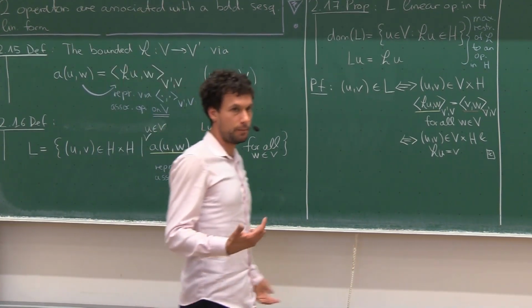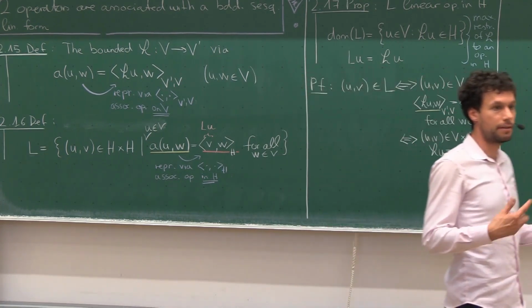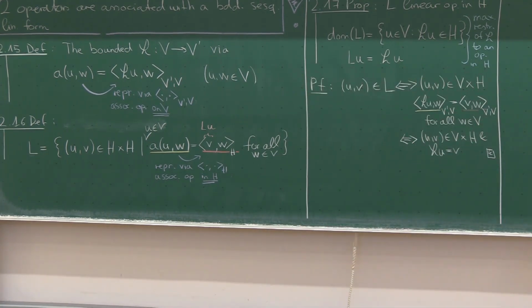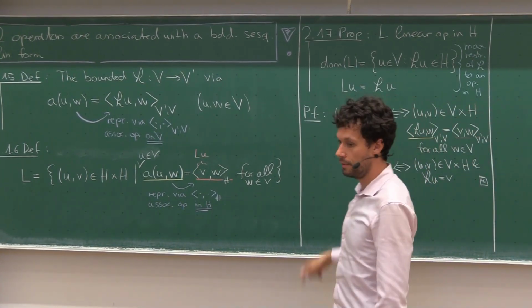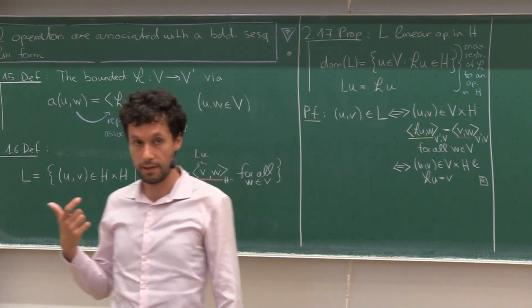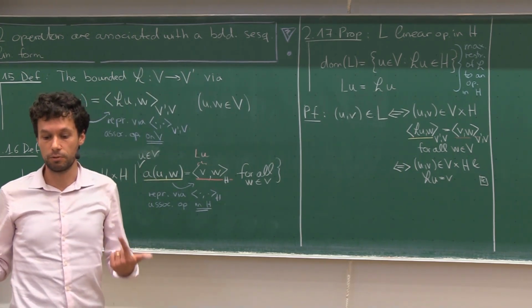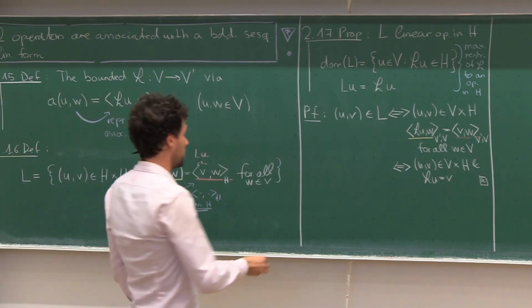Now, upshot for the moment is that if I assume that the sesquilinear form is bounded, then I can associate two operators with it. And the one I want to mainly work with is the L, which is going to be an unbounded and under additional assumption sectorial operator in H.